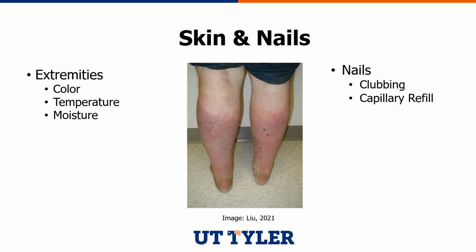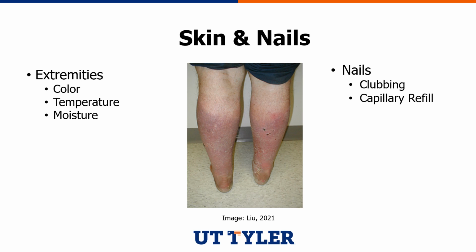And then when you look at your patient's nails, are they clubbing? That's when the nails are really flat and the tip of the finger is really wide and kind of spongy feeling, and that shows chronic hypoxia. So that would be if a patient had heart issues or lung issues. And then capillary refill.